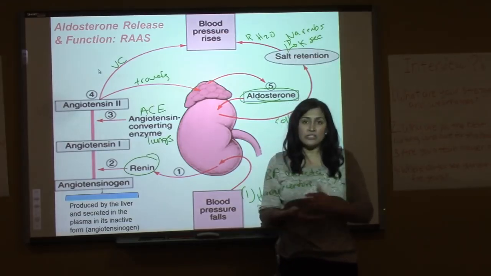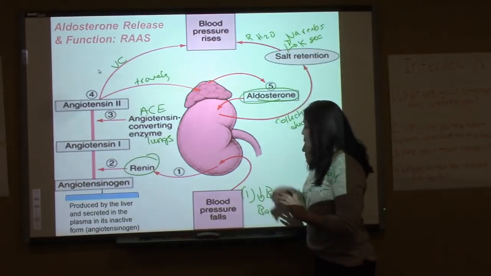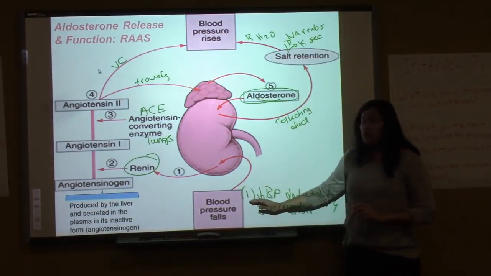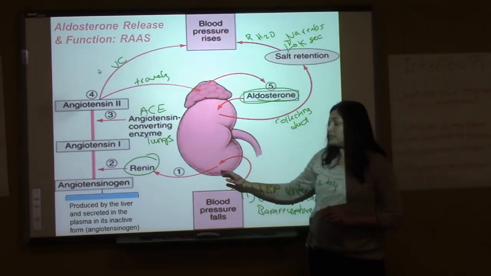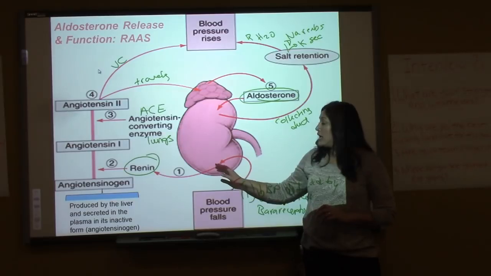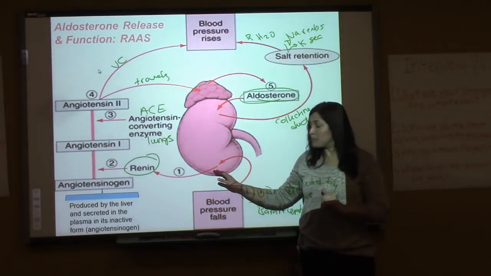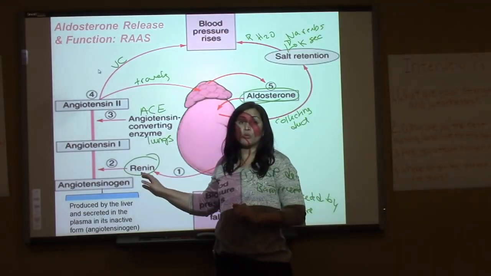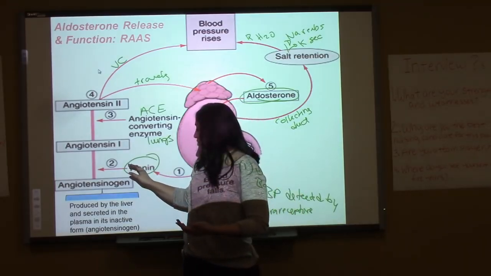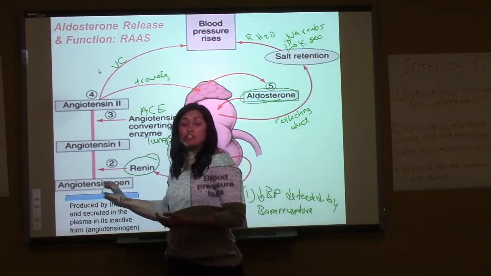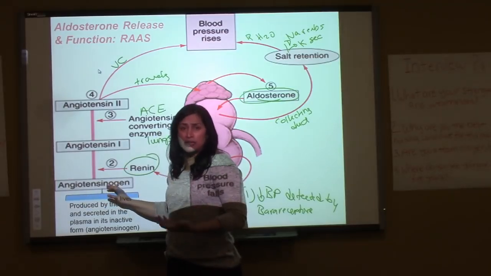Okay? So let's go through this cycle once again. So step 1. A drop in blood pressure is detected by baroreceptors found in the afferent arteriole of the kidneys. As soon as the kidneys detect there's a drop in blood pressure, it will release a hormone called renin. Renin will now be secreted into the plasma, and in the plasma it will find angiotensinogen, which is inactive.